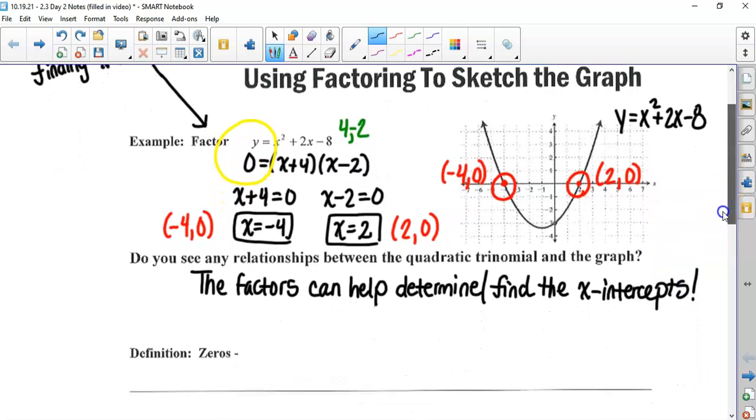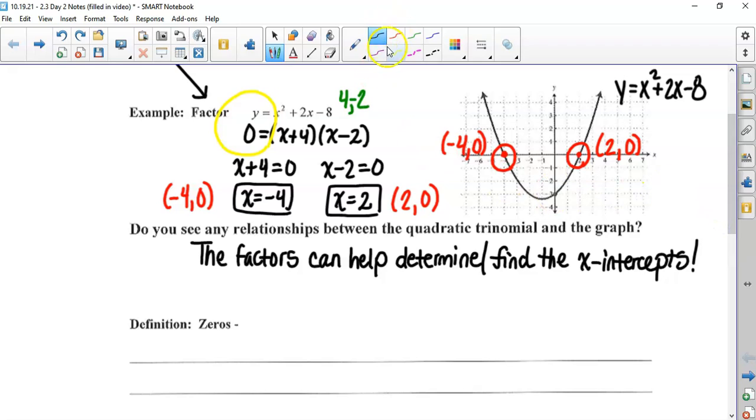When we're dealing with graphs, we have a new vocab word to discuss, and it's the concept of zeros. Zeros, by definition, are the x-intercepts of a function.